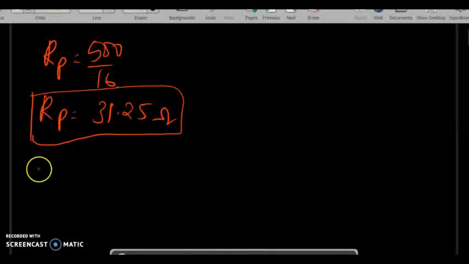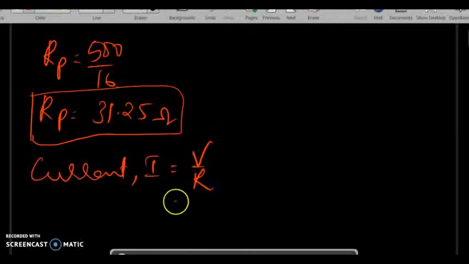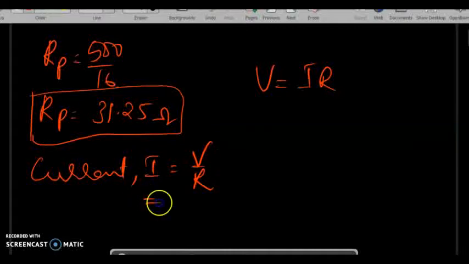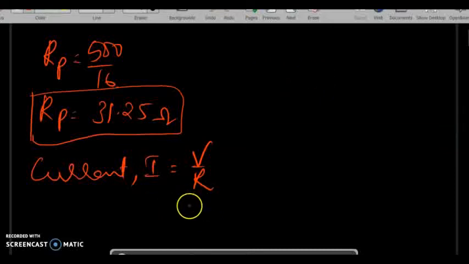Now what is the current through it? So current I is equal to V by R, employing Ohm's law. Because we know well V is equal to IR, so I will be equal to V by R. What is V here? 220 volts. So I is equal to 220 volt divided by 500 by 16.